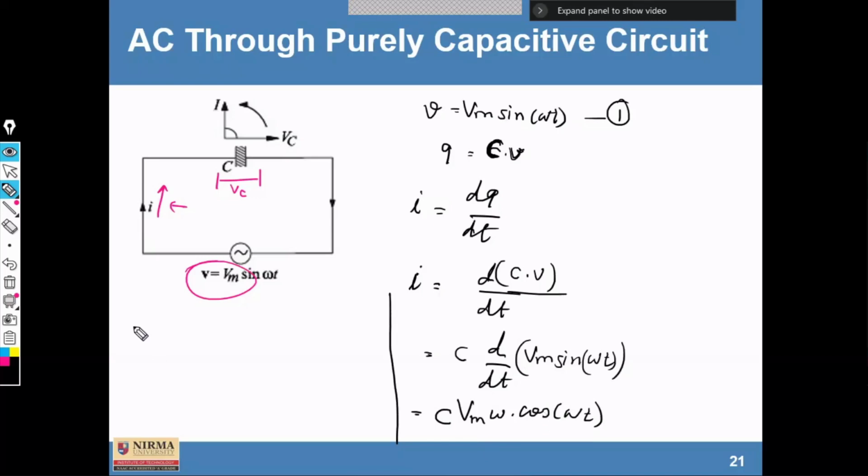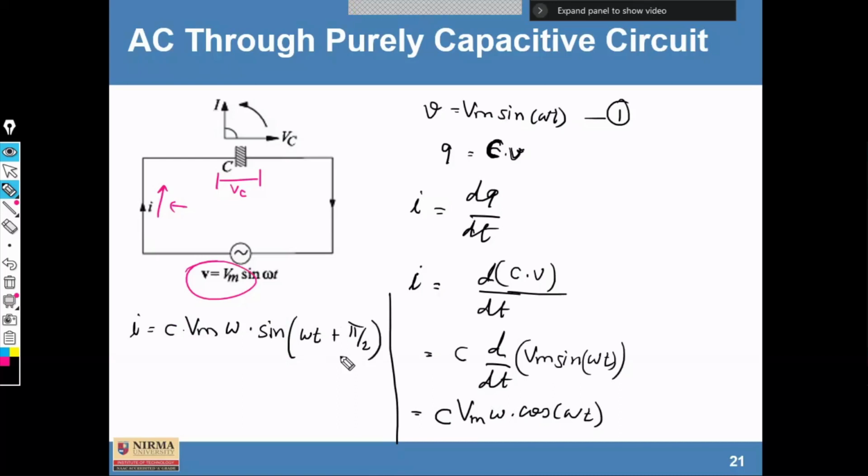Now this can be replaced in the form of sine also. So we can write I equals C into Vm, where Vm is the maximum value of voltage, omega is 2 pi f in radian per second, into sine. If we convert cos omega t into sine, then it would be sine of omega t plus pi by 2.